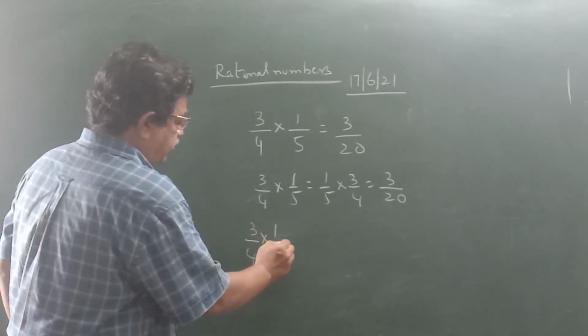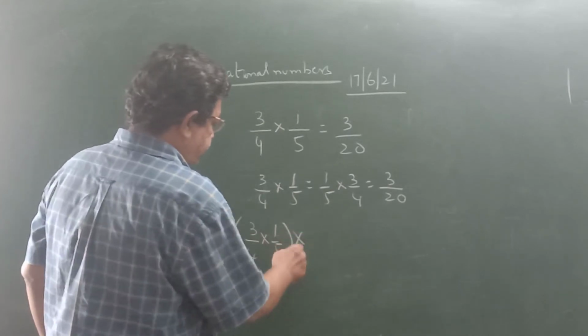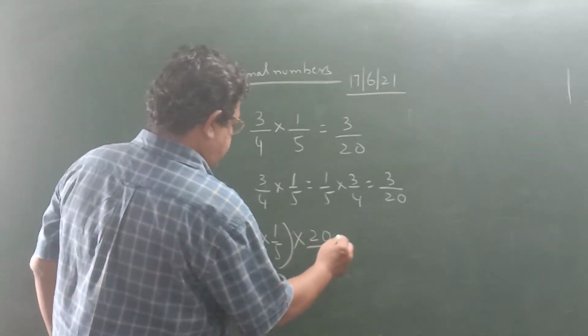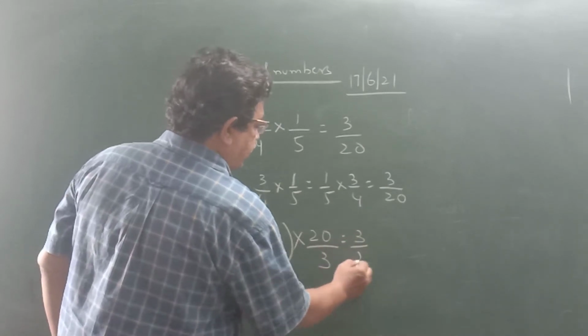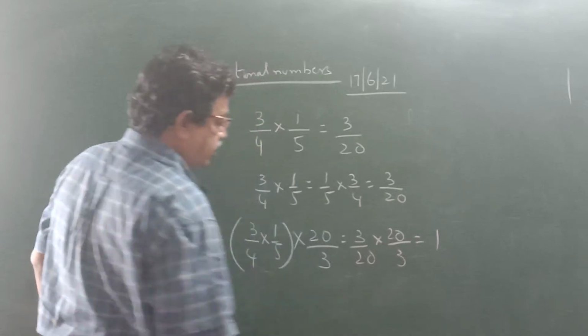You take three rational numbers. 3 by 4 into 1 by 5 into 20 by 3 is equal to 3 by 20 into 20 by 3, which is equal to 1.